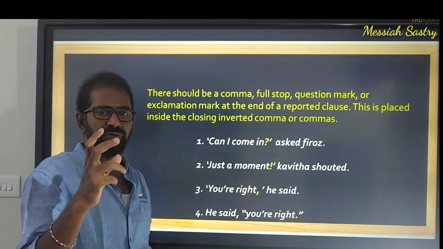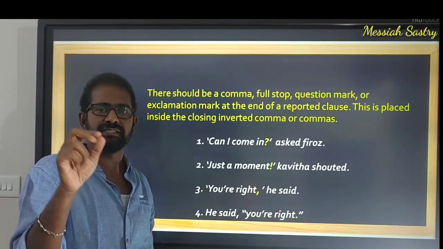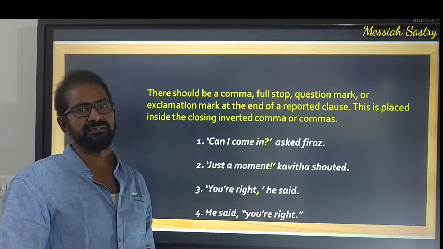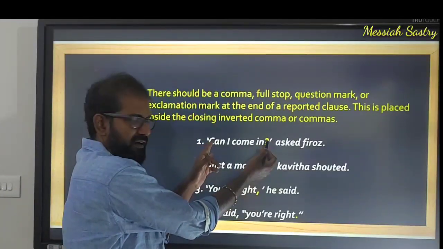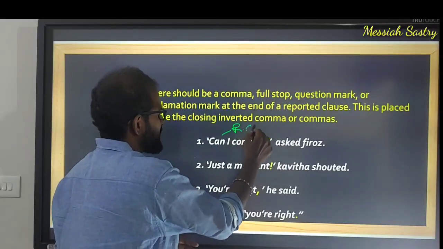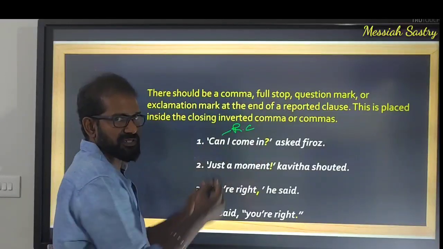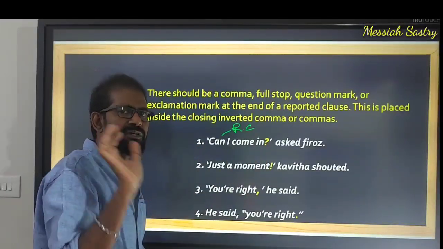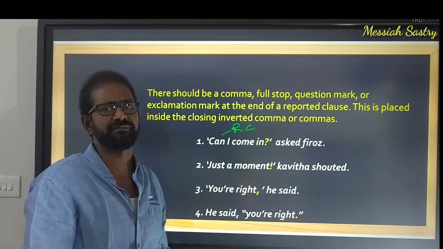We have told you in the beginning, reported clause, reporting clause. The sentence which is in inverted commas is called a reported clause. The other part is called a reporting clause. This reported clause always should end with a punctuation.